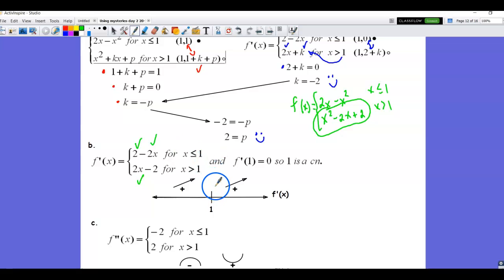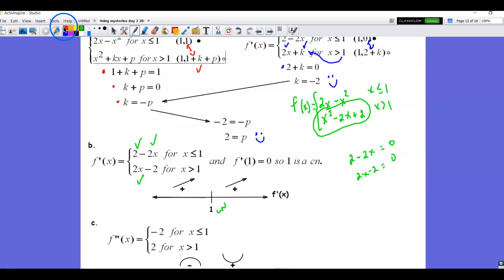My critical number is going to be 1, and I can verify that by setting each piece of the piecewise equal to 0, and in both cases I get a critical number of 1.